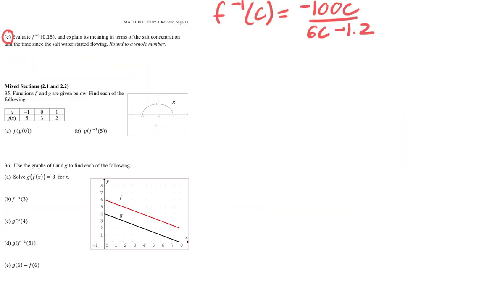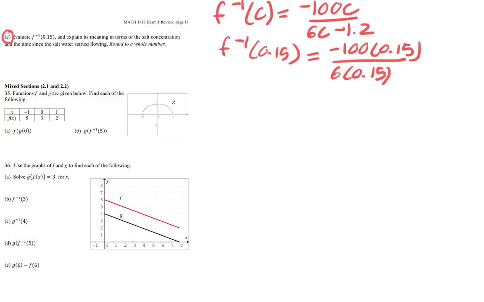So now we're looking at 34c. We want to evaluate f inverse of 0.15, which on the previous problem we said was negative 100c over 6c minus 1.2. Anywhere we see a c, we want to plug in 0.15. So f inverse of 0.15 is going to equal negative 100 times 0.15 over 6 times 0.15 minus 1.2.